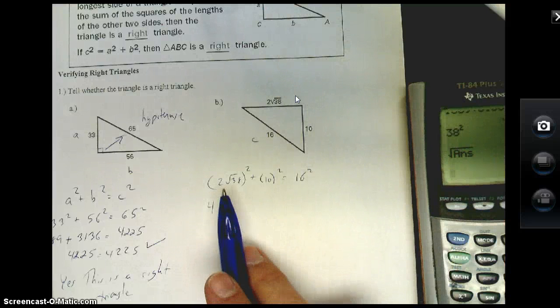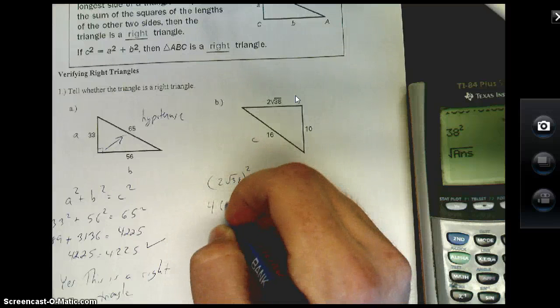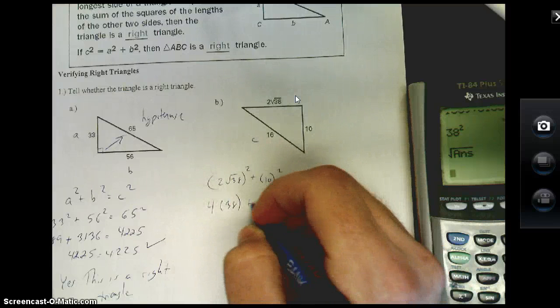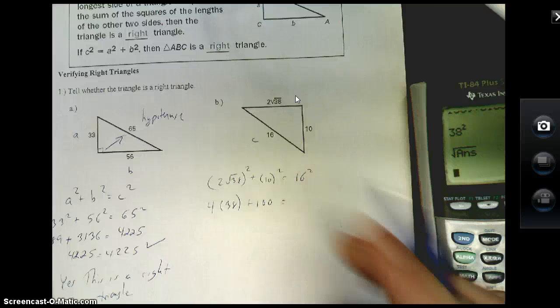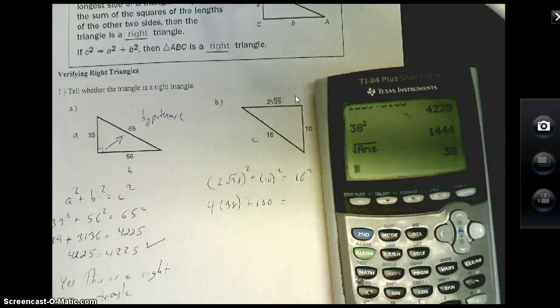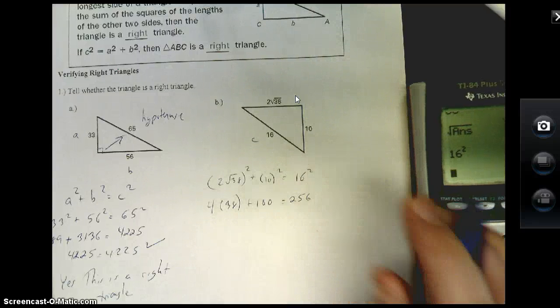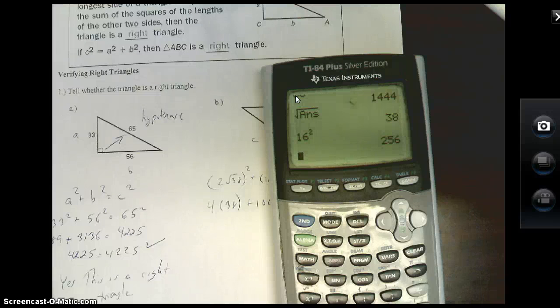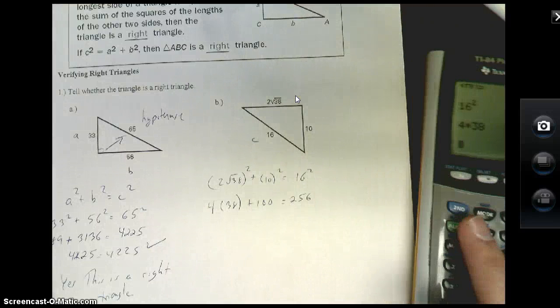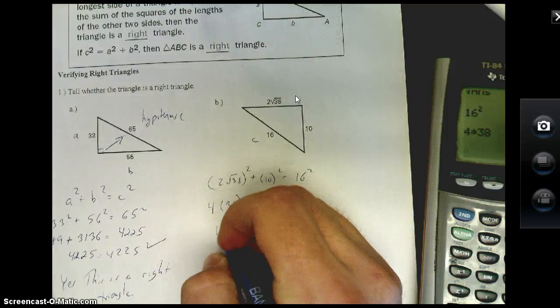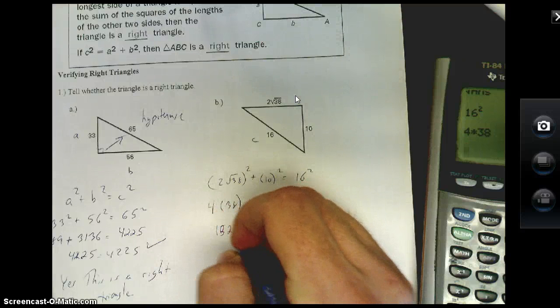The square root of any number squared gives you the number underneath it. So in this case, it's 38. Plus 100 equals our 16 squared, which is 256. All right. Now, 4 times 38 is 152. So 152 plus 100.